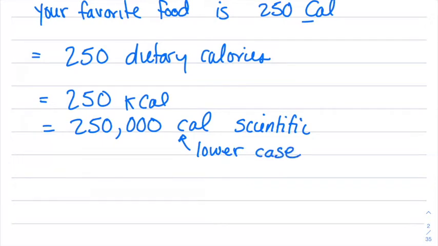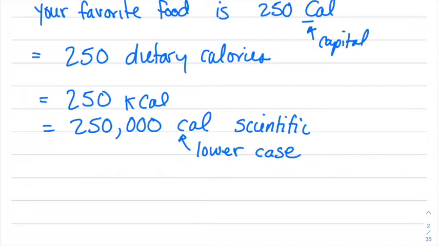However, when the food industry talks about it, they are using capital C. And I know you're thinking that's horrible, that's cruel. They told me it was 250 and I thought it was 250 of the original scientific calories. It is actually 250 dietary Calories, which makes it 250,000 scientific calories.